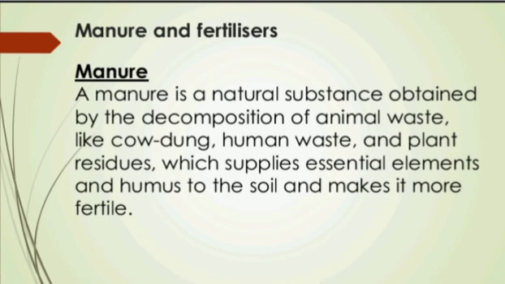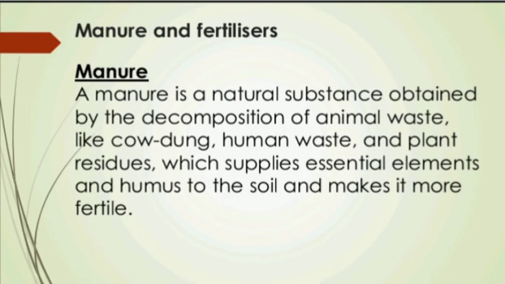Also, manure is not nutrient specific, and hence it is not much helpful when a particular nutrient is required in the soil for a particular crop. So, therefore, for a particular requirement of a particular nutrient, a chemical fertilizer is more useful.